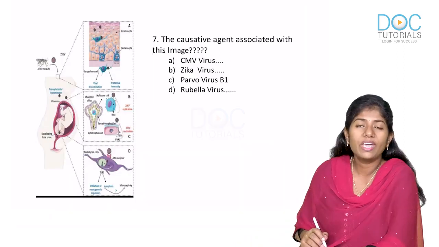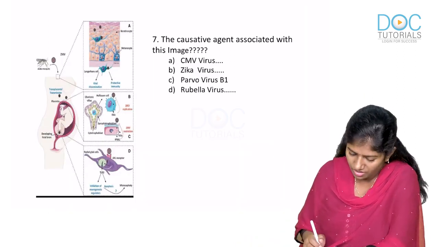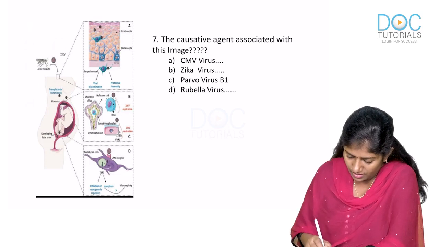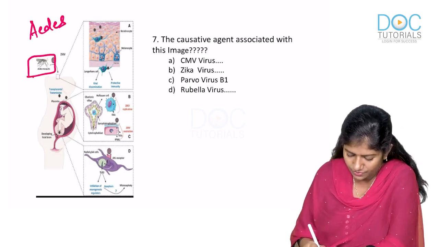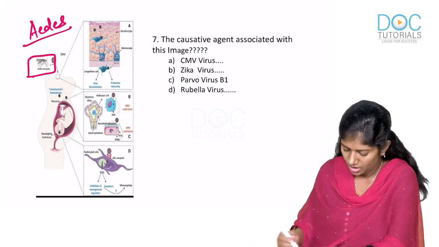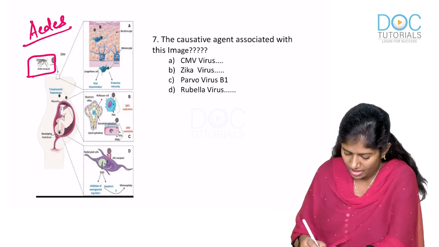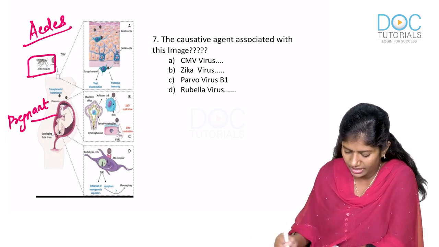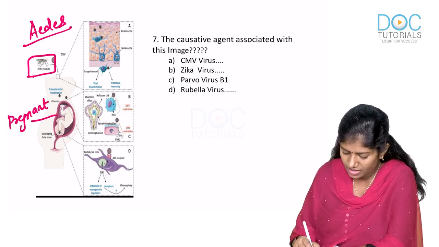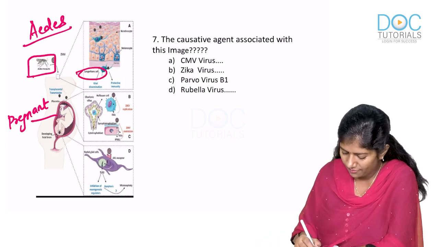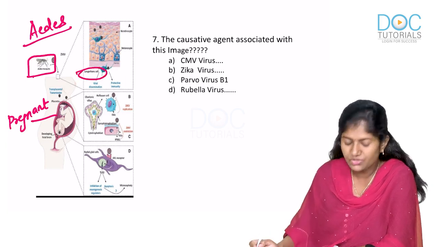Okay. So, we have the next question here. Look at this question. There is a mosquito labeled as Aedes mosquito. Now, it bites a lady and this lady is pregnant. Now, this mosquito multiplies in the skin cells, the Langhans cells, and it enters her bloodstream.